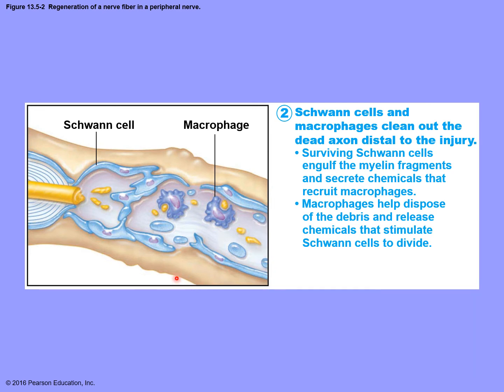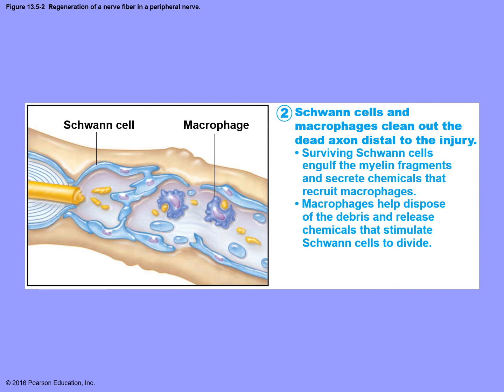The Schwann cells that were wrapped around providing that insulation, and the macrophages, are going to help as a cleanup crew. Macrophages are specialized cells that are stimulated whenever there's an injury to come to that site, and they help clean up any cellular debris.